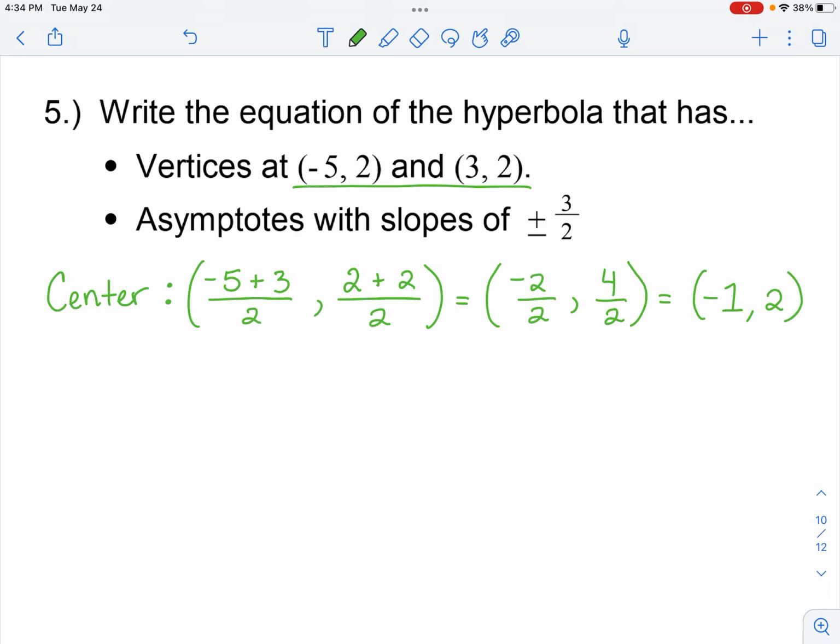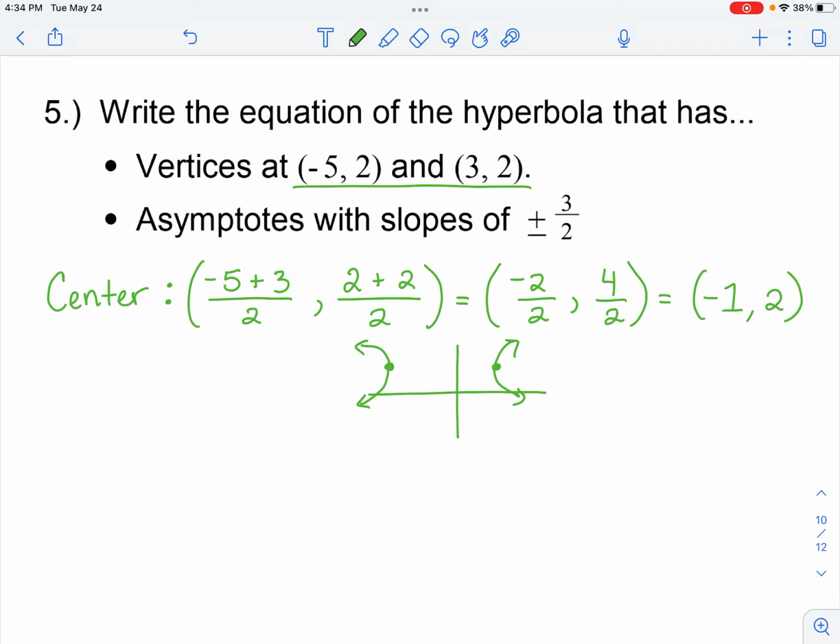Now also, here's what I notice about those points. If I were to plot them real quick, negative 5, 2 would be here, and 3, 2 would be over here. And those are the vertices. So they're going to have to go this way because they're connected by a horizontal line.